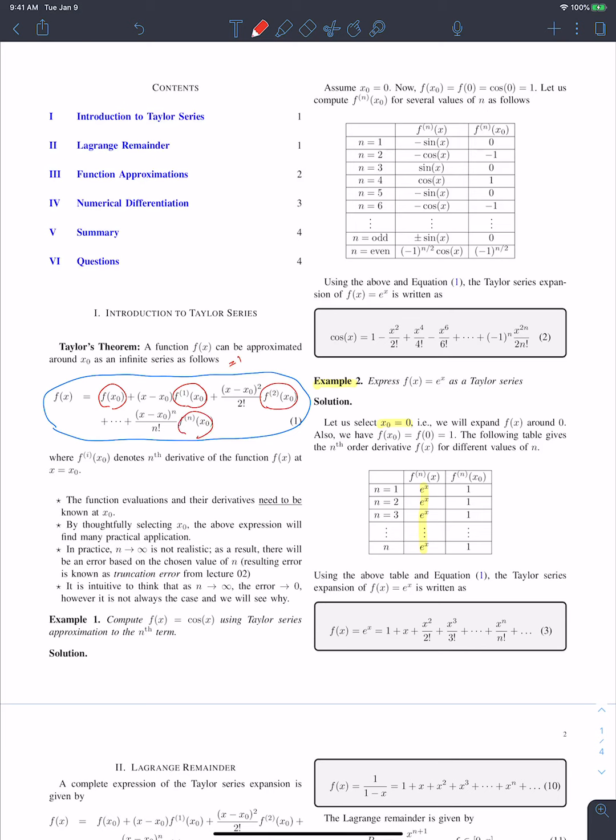So e to the power x reduces to 1 plus x plus x squared over 2 factorial, x cubed over 3 factorial, and so on, as shown in equation 3. That is how we use Taylor series to expand or approximate e to the power x as an infinite series. You can test this: the first approximation of e to the power x is 1, the second approximation is 1 plus x, and so on.